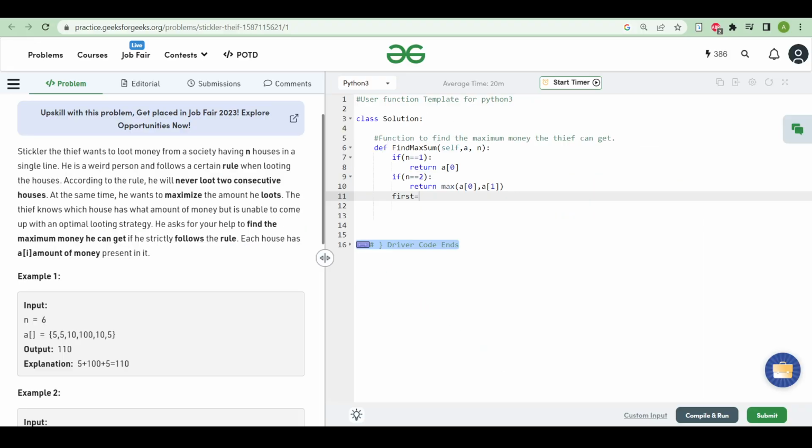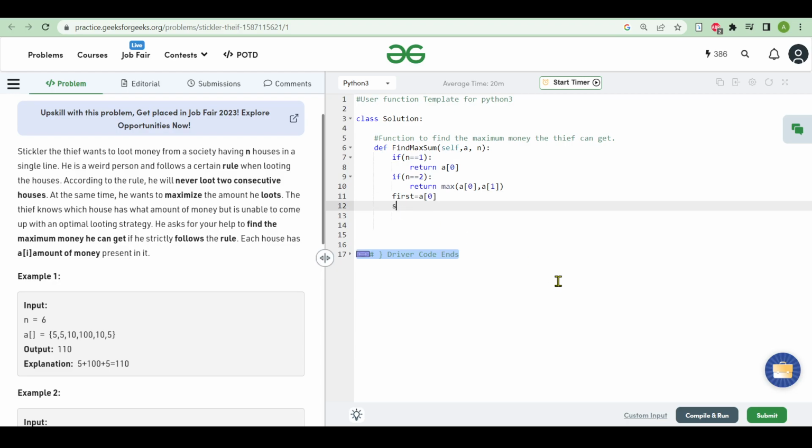And the value I will put, initially first will have the value that the money the first house has, and the second will have the maximum of A0 and A1.